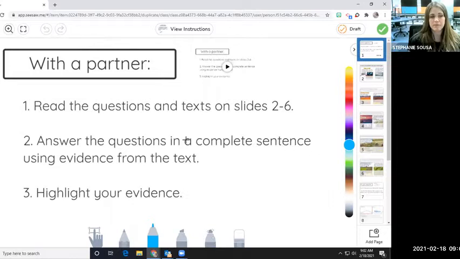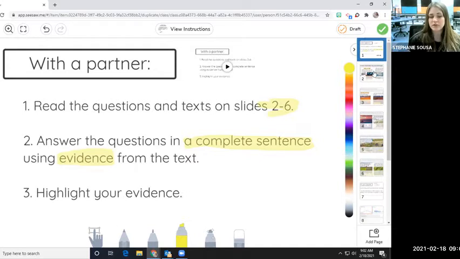Okay. Our directions are to read the questions and text on slides 2 through 6. You're going to answer the questions in a complete sentence. You are going to highlight evidence in the text. Okay?